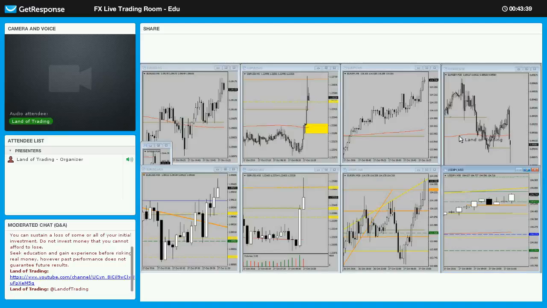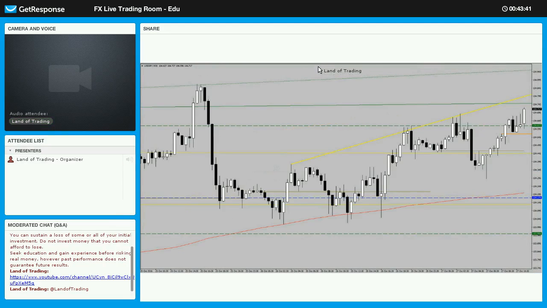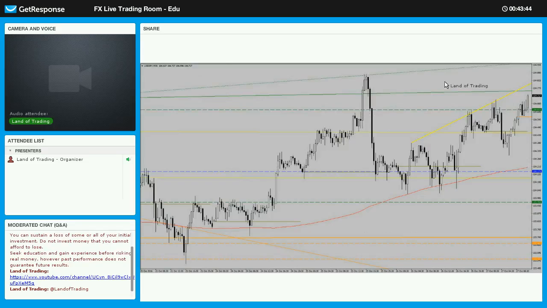By the way, I'm watching dollar yen as well, because we are approaching 104.75, 104.80. So let's see if all those sellers here are going to give up, and we are going to hit some stops to the upside, and what kind of price action we are going to see at the top.